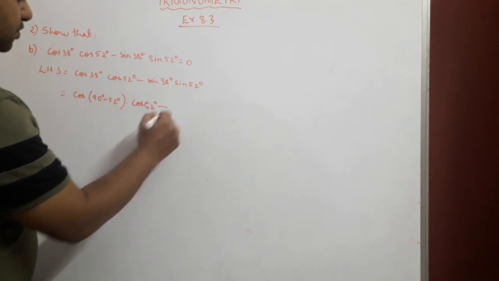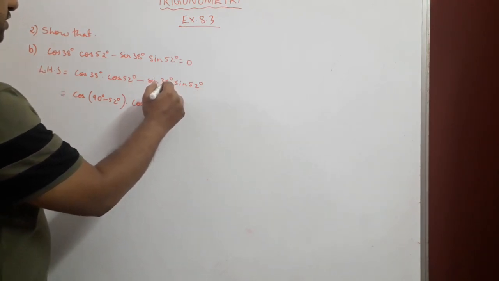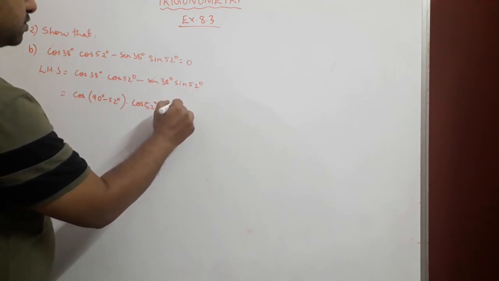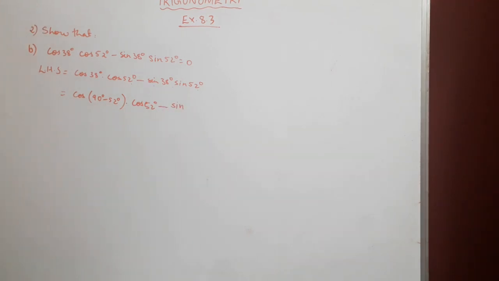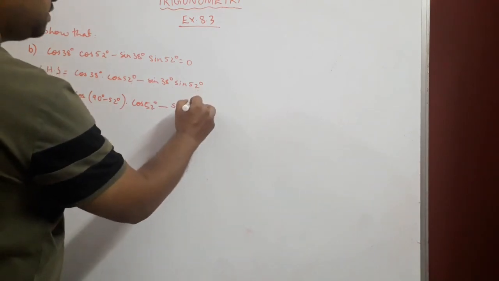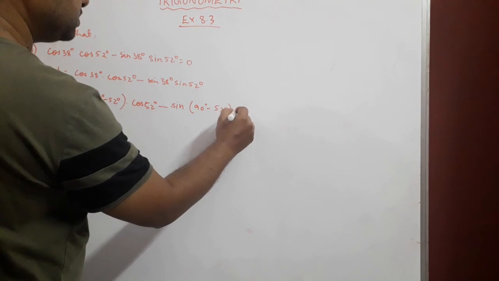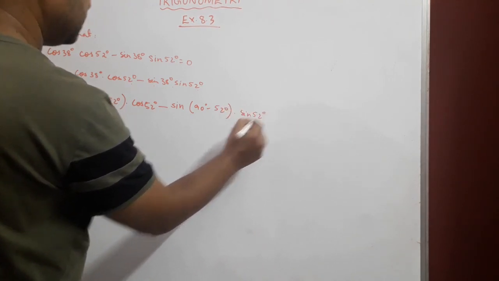And similarly over here, what we can do is change this sin 38 into sine of 90 degrees minus 52 degrees, into sine 52 degrees.